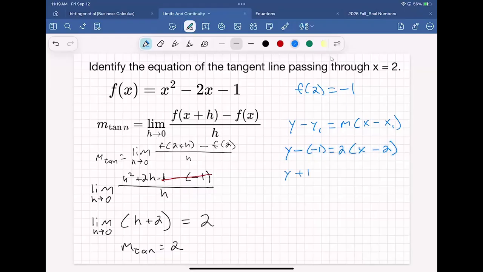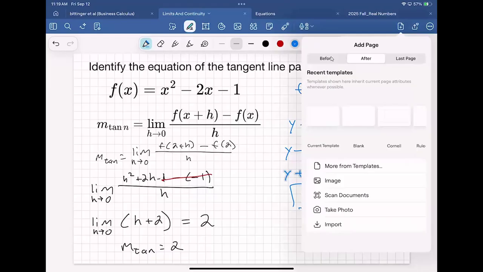And then solving for y, this right here would be the equation of the tangent line. Any questions where I'm getting that equation from?